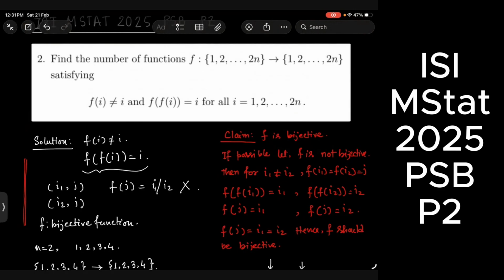Any idea, Yash? So this should be good practice. If you can't figure it out for a generalized number like 2n, then take a small example, even in the examination, which makes your solution quicker.